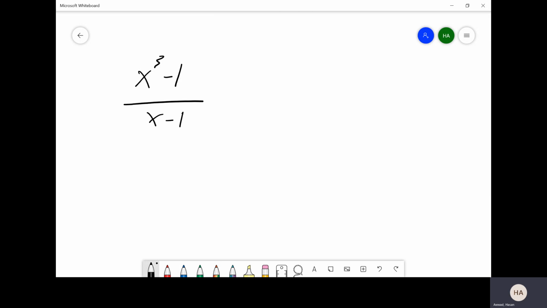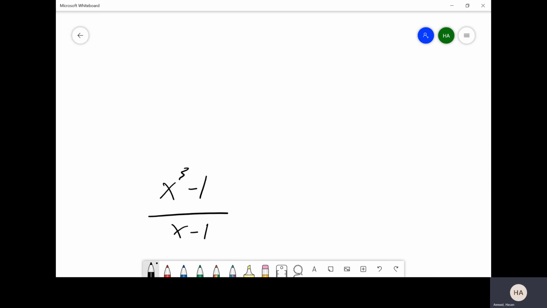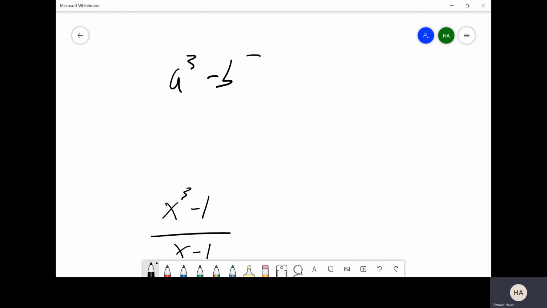And I brought up the device that you could use to help you remember, SOAP, right? SOAP means same, opposite, always positive. And what we're talking about here is the signs of the outcome when you factor this. So if we're talking about difference of cubes, it's in the form of a cubed minus b cubed.